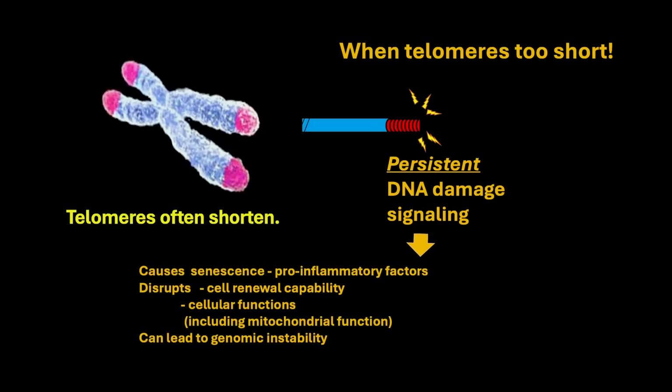It causes cells to become senescent. That includes them not continuing to divide, but very importantly includes them also producing factors that can be pro-inflammatory. And it disrupts, of course, cell renewal capability, hence the ability to affect self-renewing tissues.